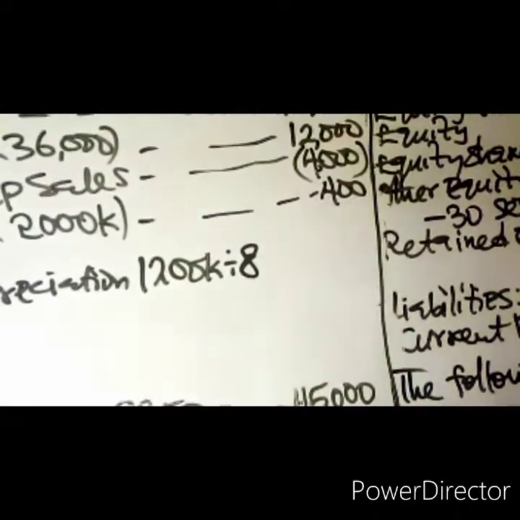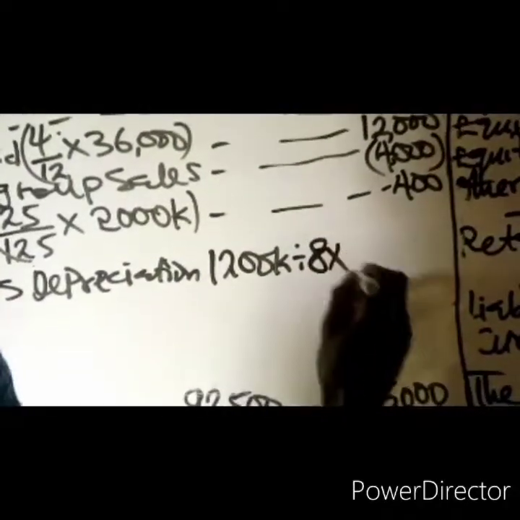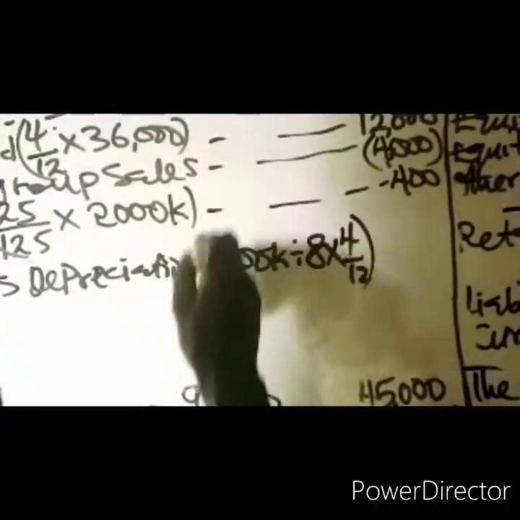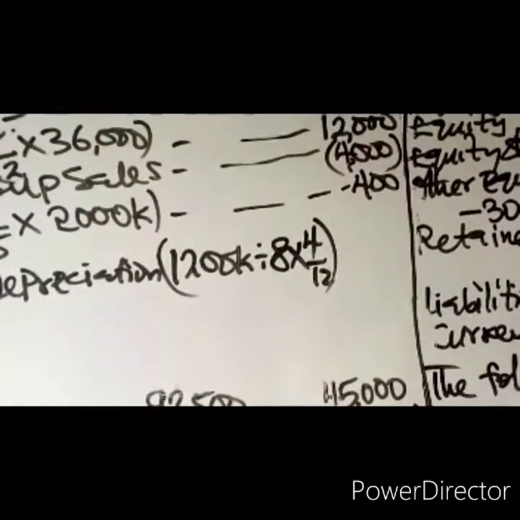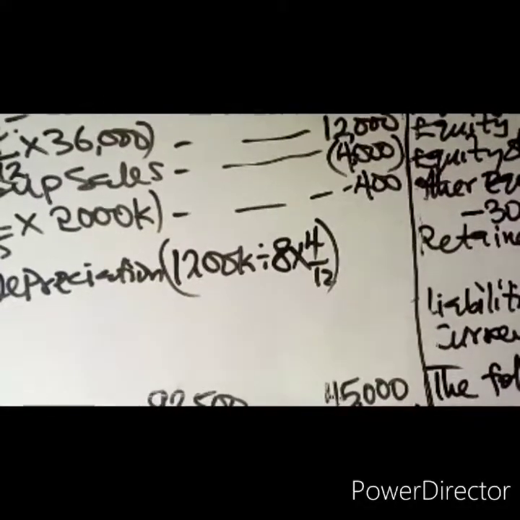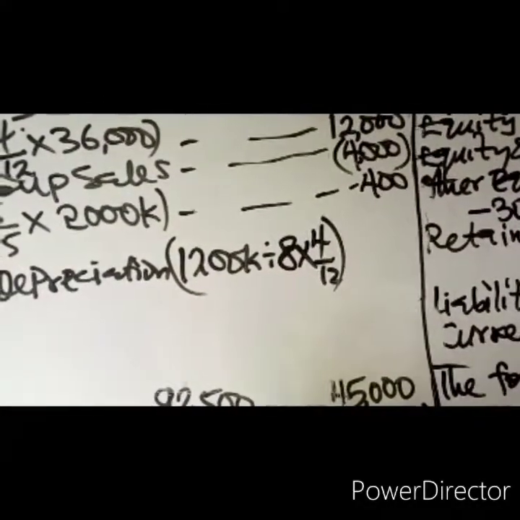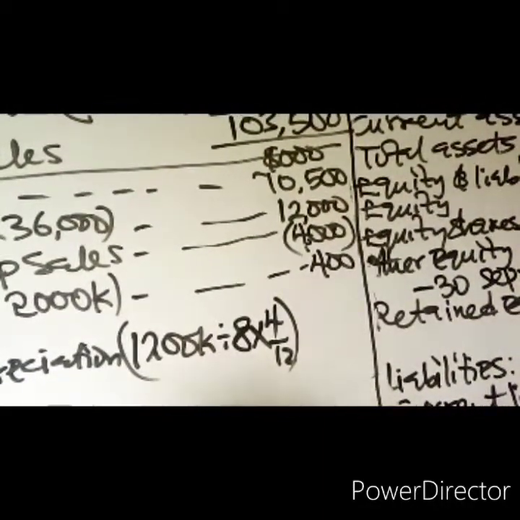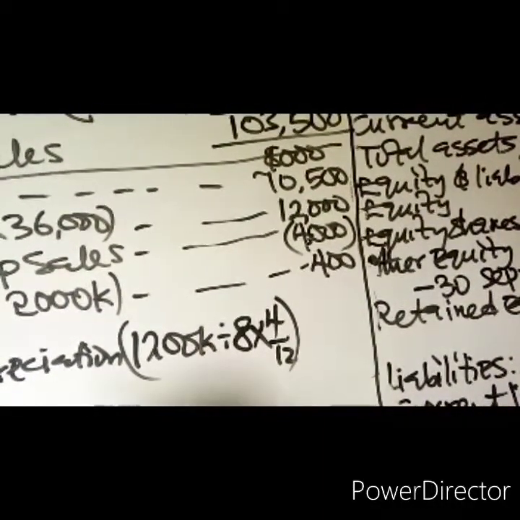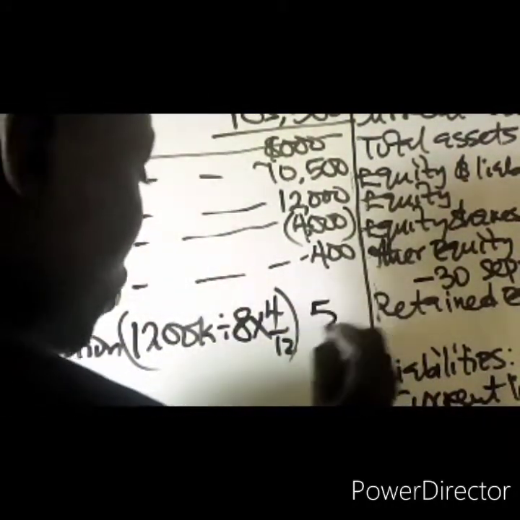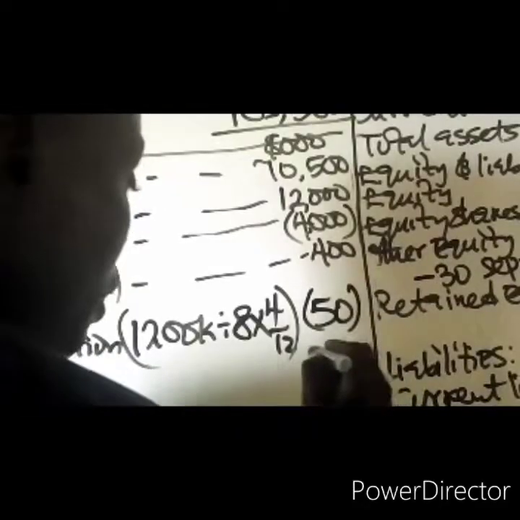Then the consolidation period, the post-acquisition period, is 4 months out of 12 months in a year. So the amount of depreciation that will be deducted will be 1,200 divided by 8 times 4 divided by 12, and that will give us 50. So that is the excess depreciation you are going to deduct now.